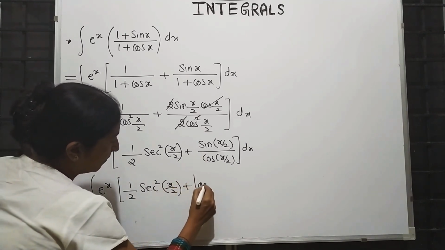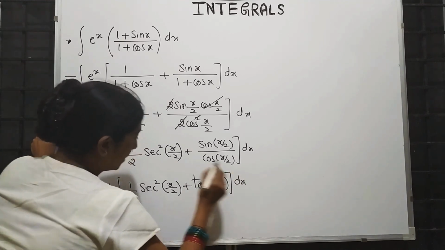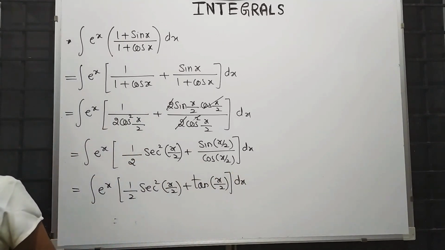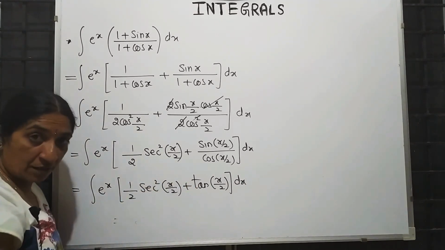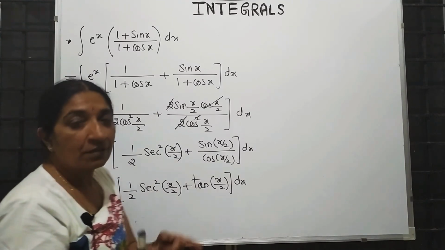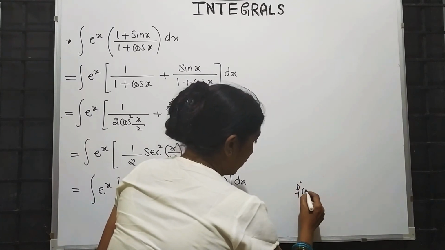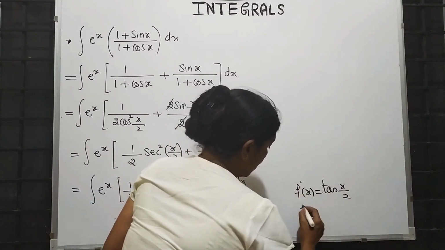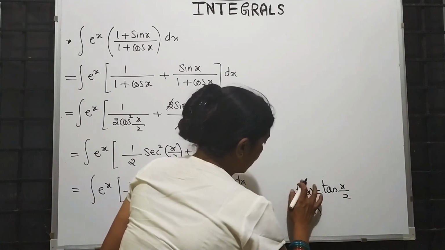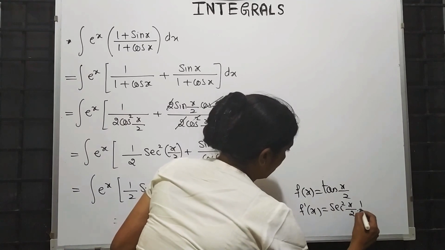is tan. And yes students, are you familiar with differentiation or what? Tell me, differentiation of which term gives you which term? Does tan give you secant square or secant square give you tan? Yes, very good. Tan gives you secant square. So, f of x is tan x by 2. f dash of x is the differentiation of tan, which is secant square x by 2 into 1 by 2.